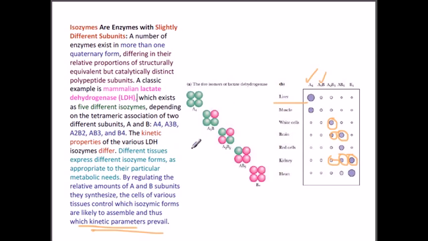Other things remain the same, because the enzyme functions as it generally functions, but as we vary the subunits, we vary the kinetic parameters. The effectivity, the affinity with the substrate, and the productivity will be varied, depending on the demand.